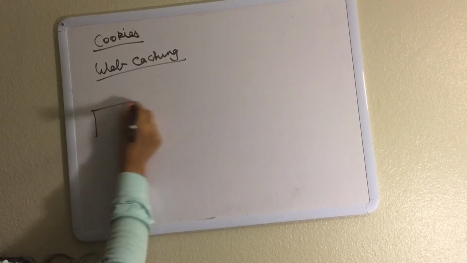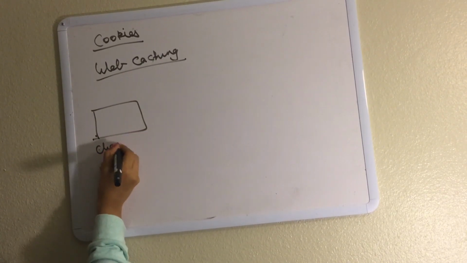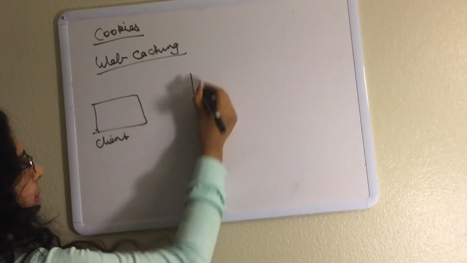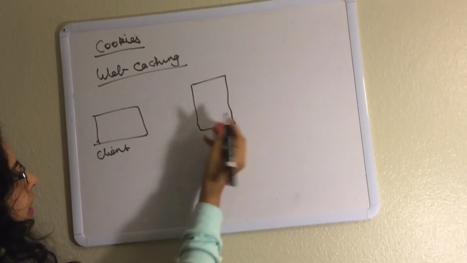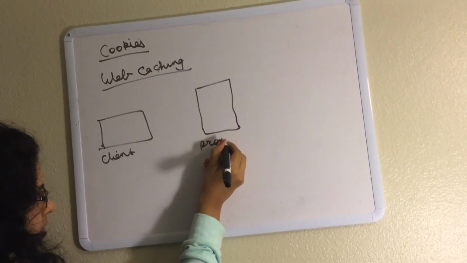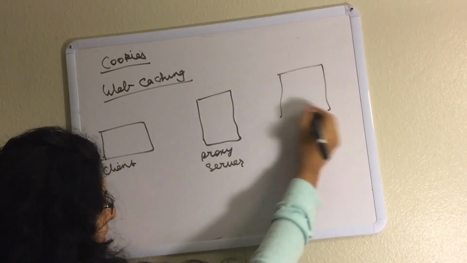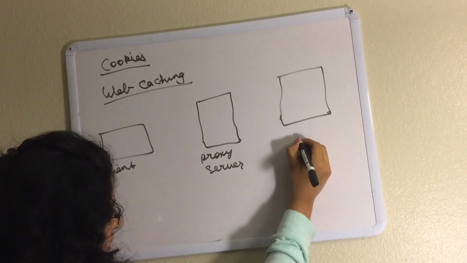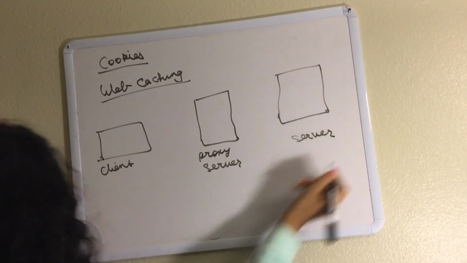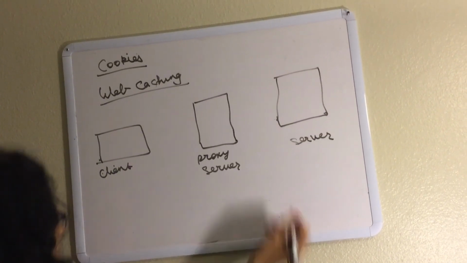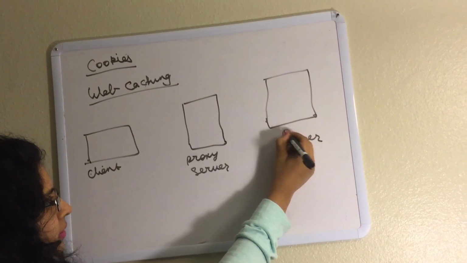Let's assume this is the client, this is a proxy server, and this is the main server. We can also call it the origin server because it's the main server.